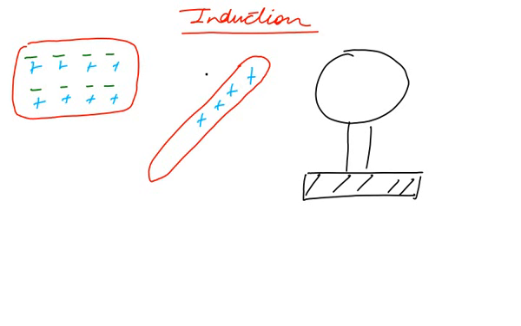When the positively charged glass rod is brought closer, the negative charges in the form of free electrons are attracted toward the positive charge and move towards the surface closer to the glass rod, that is, the left surface.